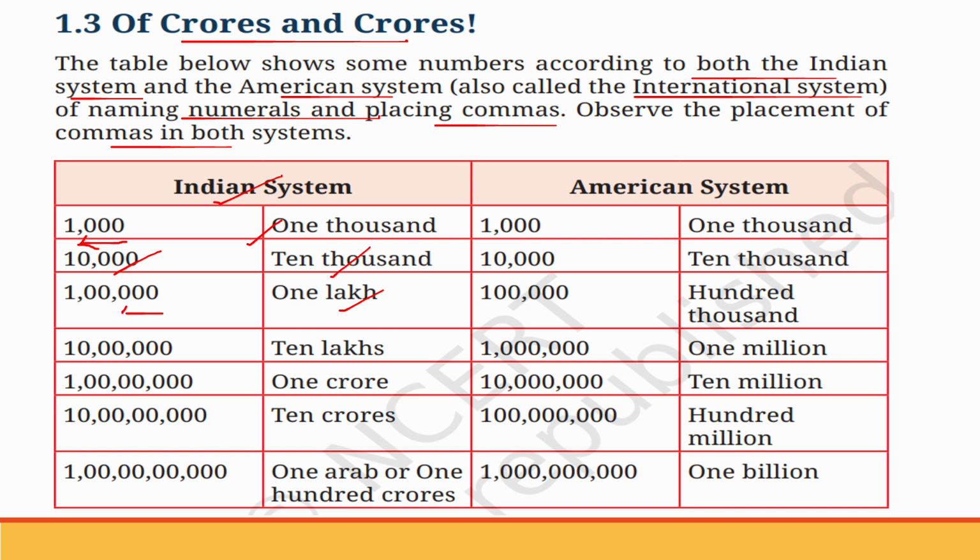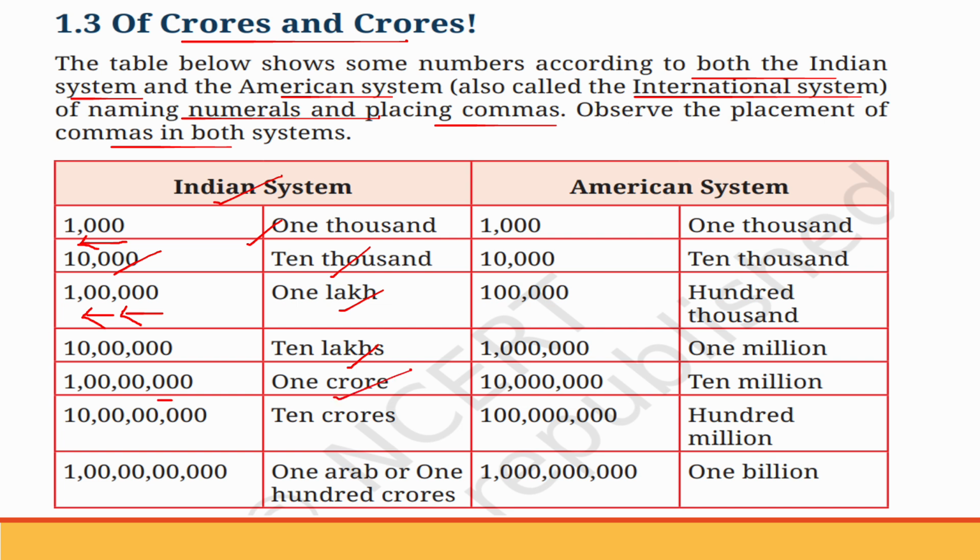That is, we put the first comma after three digits from the right, then the next comma after two digits. So 1,00,000. Then we have 10 lakhs, that is 10,00,000. Next we have 1 crore.